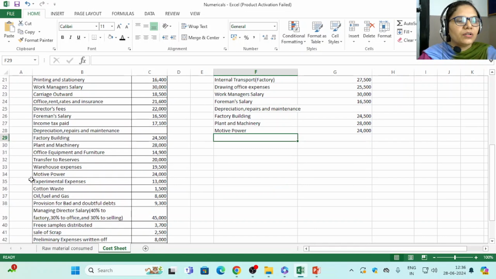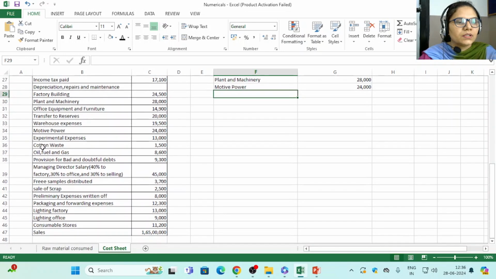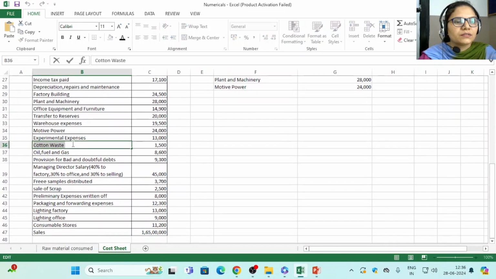Next is your cotton waste, oil, fuel and gas.